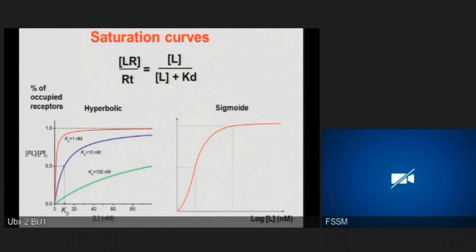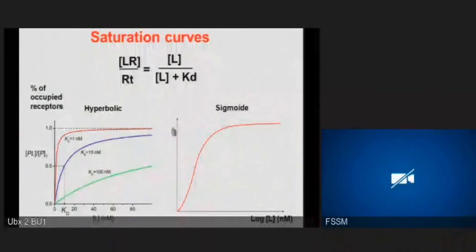Then, what we do in that case is to express the concentration of L as a logarithm, which becomes the same y-axis.